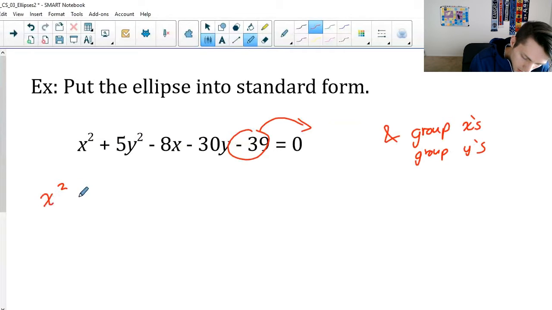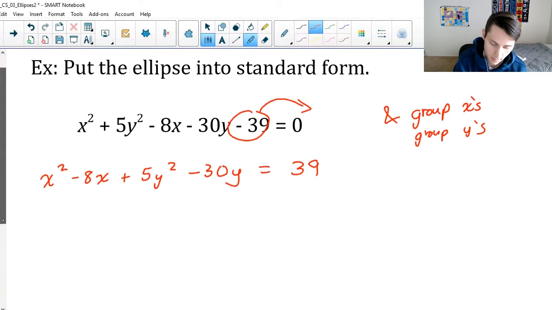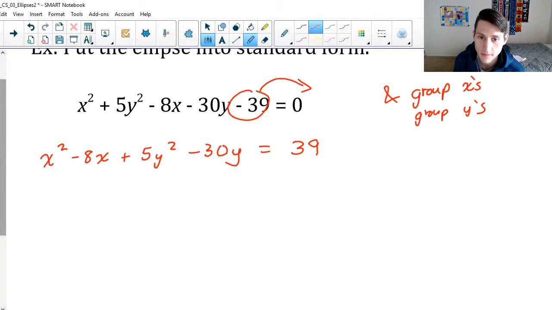So x squared minus 8x, plus 5y squared minus 30y equals 39. Okay, so group the x's, group the y's, move the constant over.